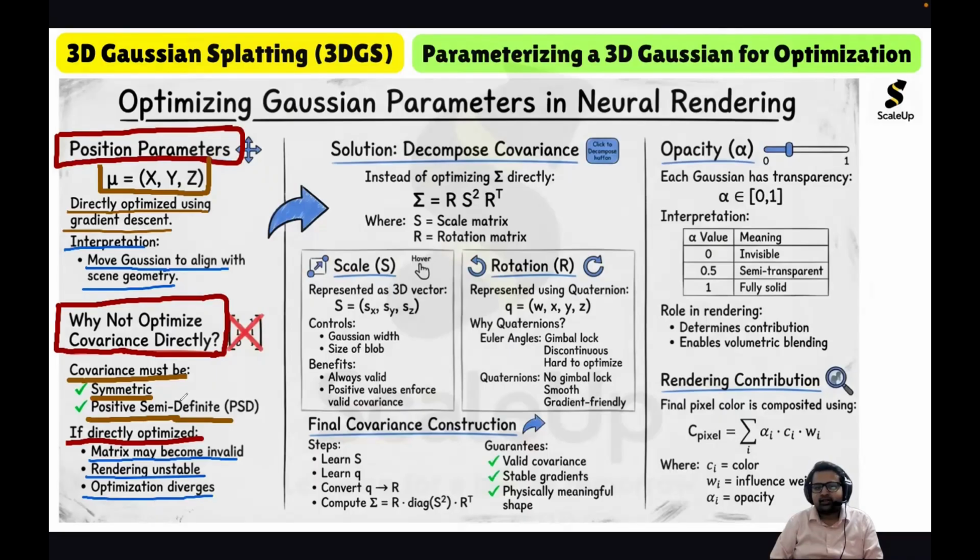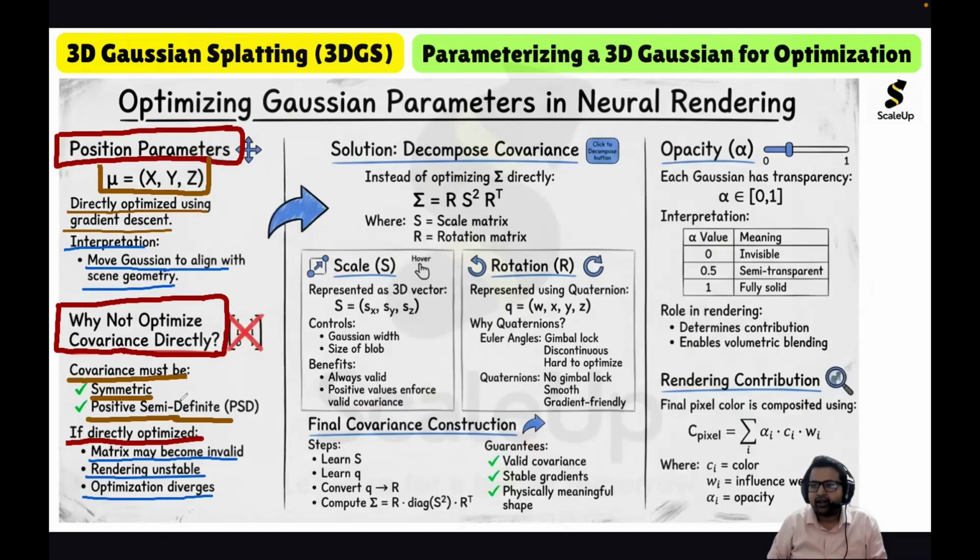And if that happens, rendering will become unstable. We will diverge from the solution. And hence, because of these two constraints associated with the covariance matrix, that it has to be symmetric and positive semi-definite, when we will be optimizing, meaning updating the numbers in that covariance matrix.